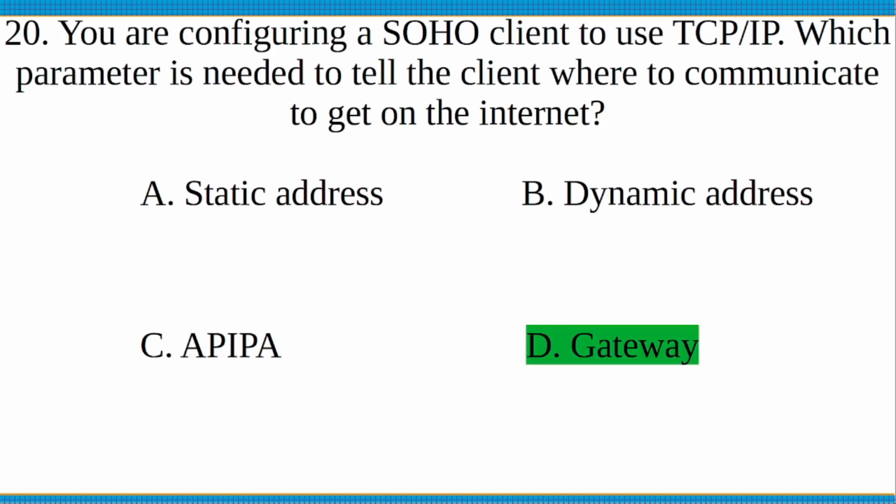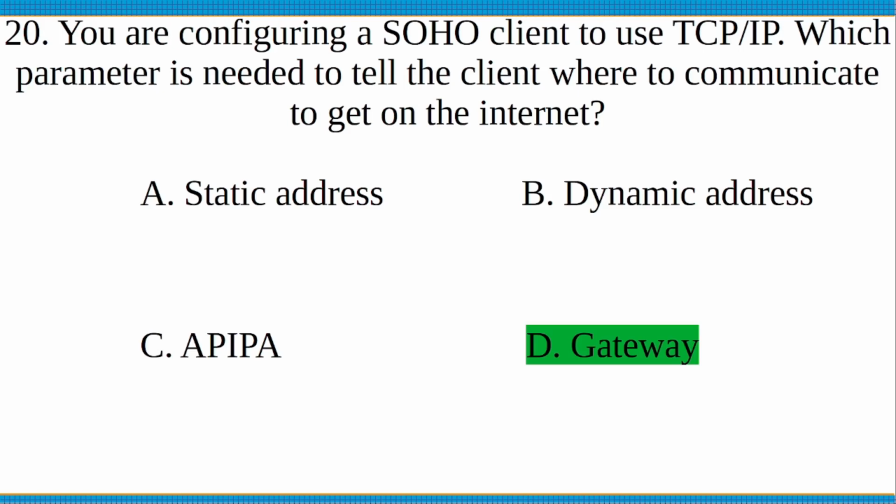So the answer here is D. Gateway. The gateway, also known as the default gateway, is the address of the router that takes the client to the next network. Gateways can be configured with a static assignment or dynamically through a DHCP server.